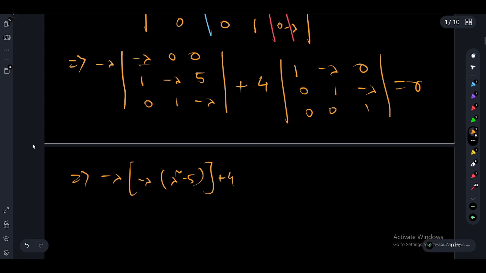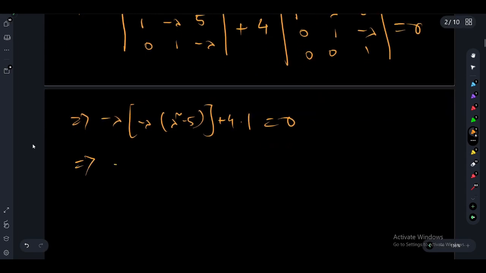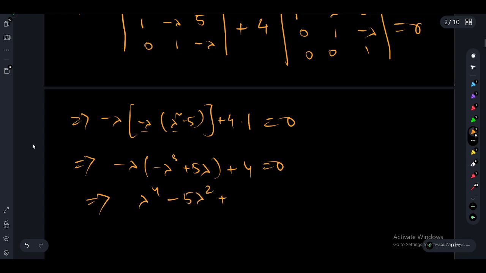Since this is an upper triangular matrix, the determinant of this matrix is the product of the diagonal elements, which is equal to 1, so this is equal to 0. Now if we multiply, minus lambda into lambda square is minus lambda cube, and this is 5 lambda plus 4 equals 0. That implies lambda to the power 4 minus 5 lambda square plus 4 equals 0.